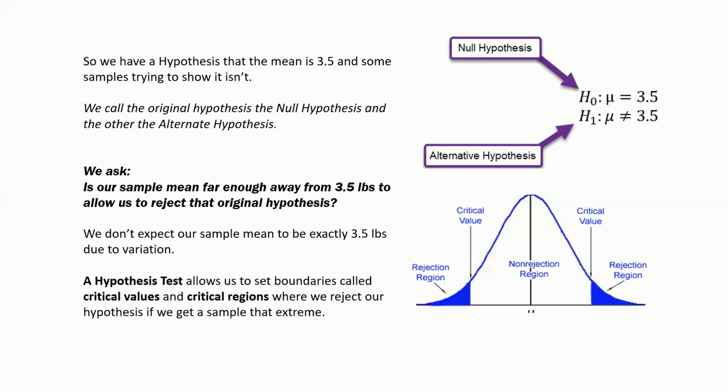So if you see in the picture, there's two critical values, one if the laptop is too high and one if it's too low. So we set up critical values and rejection regions. So if the sample falls in that rejection region, we're willing to reject the null hypothesis.